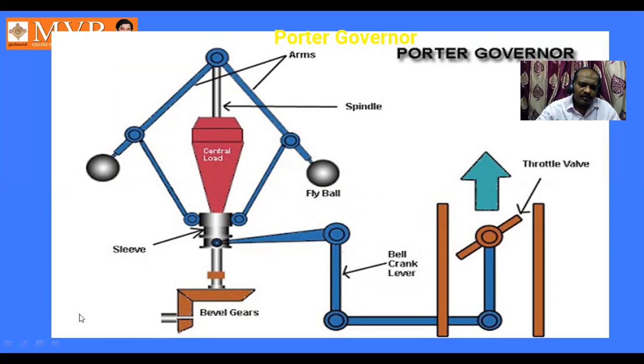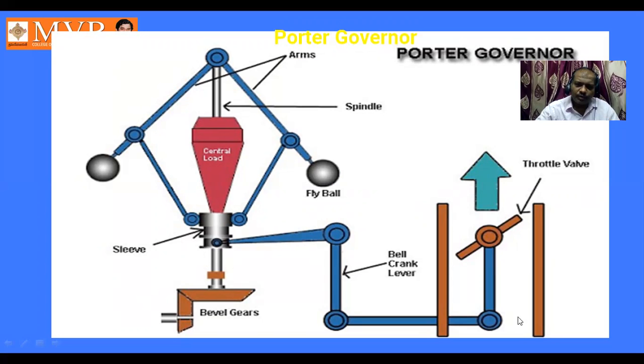If the engine load is increased, the balls automatically come closer, and thereby there is a change in the bell crank lever, and here is the throttle valve to supply the charge, so that the difference in the load is compensated.